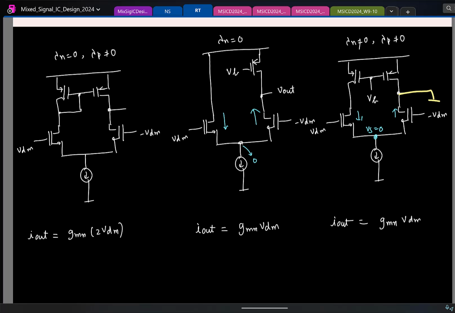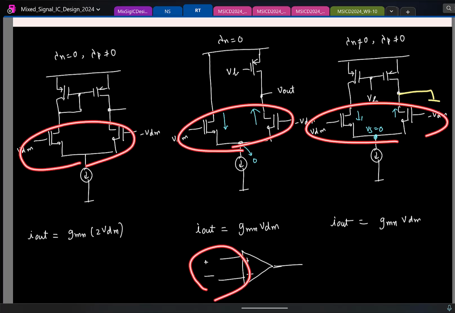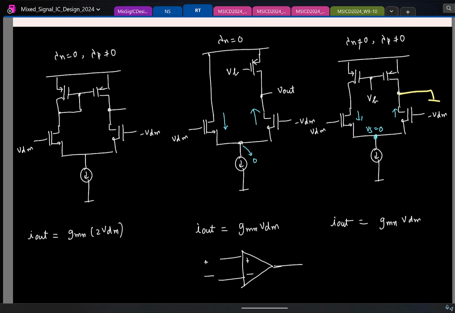So for a long time, when people had to make an op amp, and remember the classic op amp that people wanted to sell in the earlier times was this. It needs to take in 2 inputs and provide a single-ended output like this, right? So you can take the difference between the 2 inputs using the differential pair. To get the single-ended output, people were always doing something like this, right? Here both these transistors are providing a small signal current.